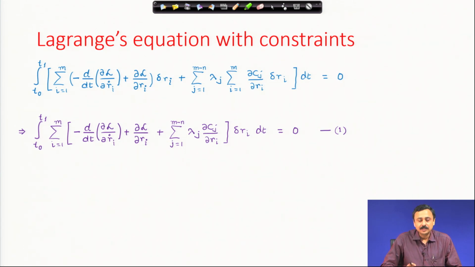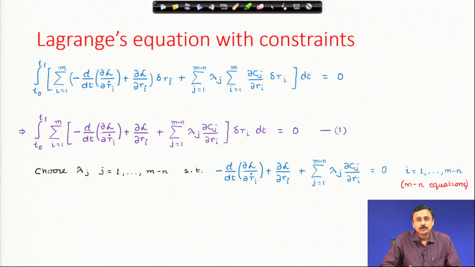Now, because these delta Ri's are not independent variations, therefore, I cannot say that these bracketed quantities must vanish individually directly, though finally it turns out to be that, but the argument is in a different way. You have to understand this argument. What we say is we choose the lambdas such that, from 1 to m minus n, these many bracketed terms vanish.